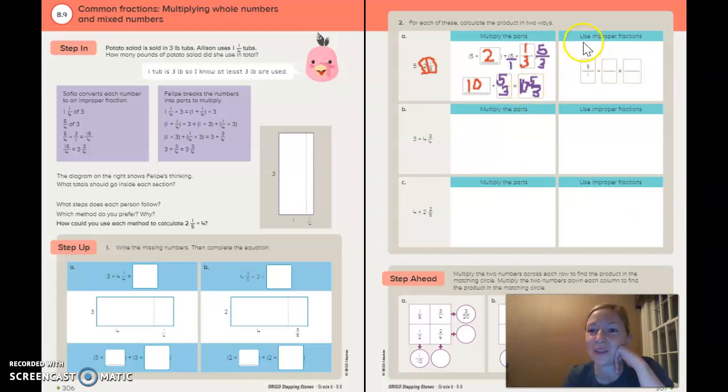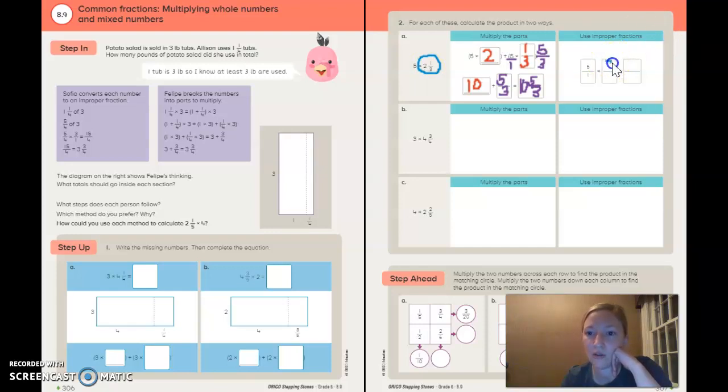Okay, so now what they want you to do is convert to an improper fraction first. So let me erase, because now I can't see what I had over there. Okay. So they have 5 times 2 1/3 still. But what they did was they took this fraction and they converted it to an improper fraction. So they did 3 times 2. They got 6 plus 1 is 7.